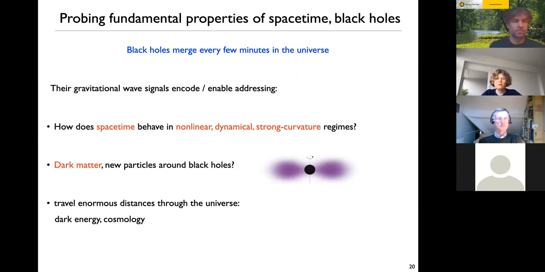We can also use the black holes as probes for, for example, physics beyond the standard model or dark matter, which can form clouds around the black hole, and that affects the gravitational wave signal. And also because the gravitational wave signals travel such large distances through the universe to get to us, we can use them to get some insight into dark energy and the cosmic history of the universe.